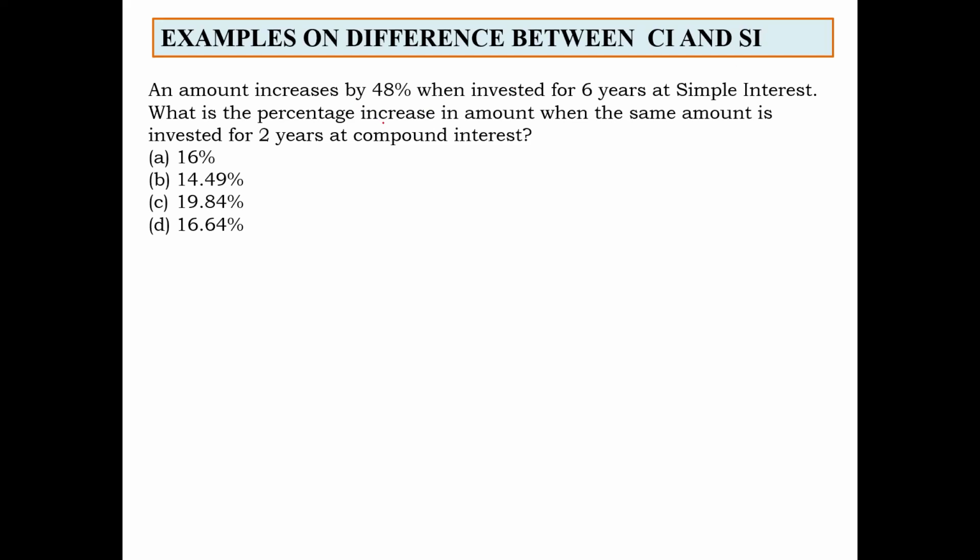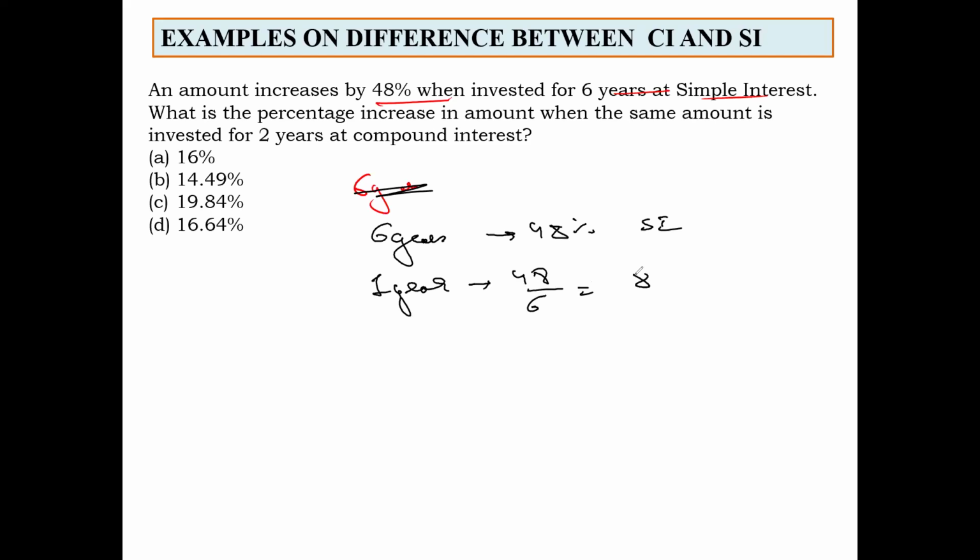It says an amount increases by 48% when invested for 6 years at simple interest. Now, if for 6 years the overall rate is 48% simple interest, we can say that the yearly rate for simple interest will be 48 upon 6, which is 8% per annum.